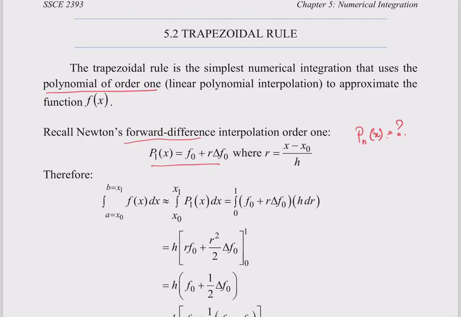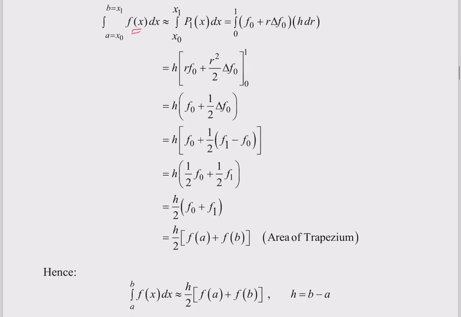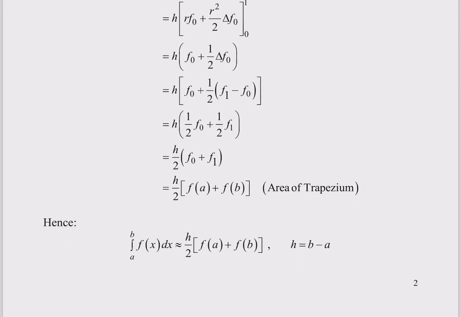And then after that, let's say it is our function f(x), and from a to b are the limits of our integration, and then you just substitute, and what we will have is this formula. And this formula is called the area of a trapezium.